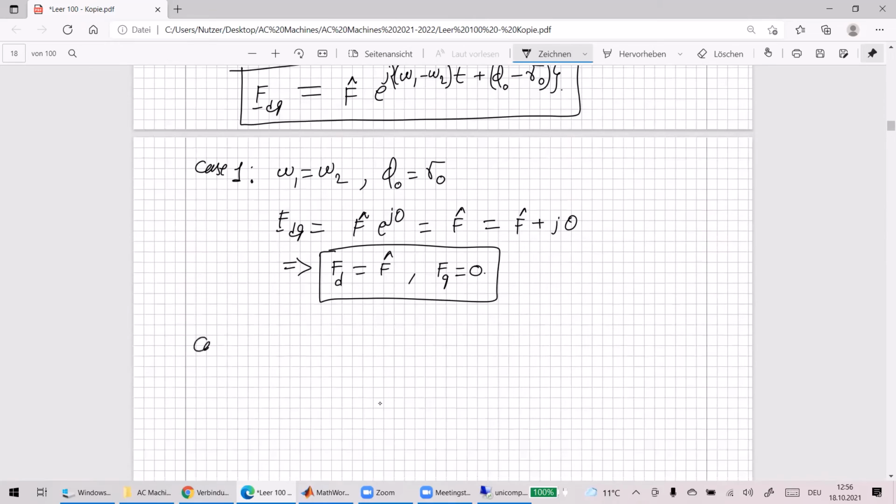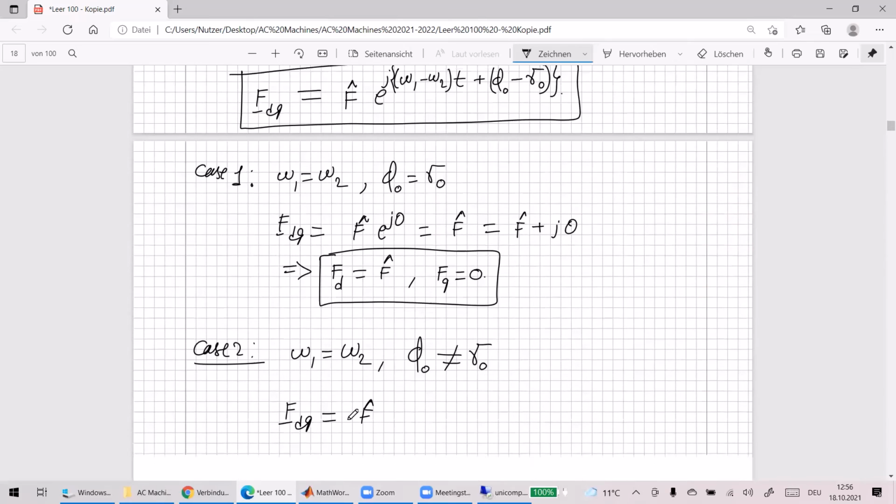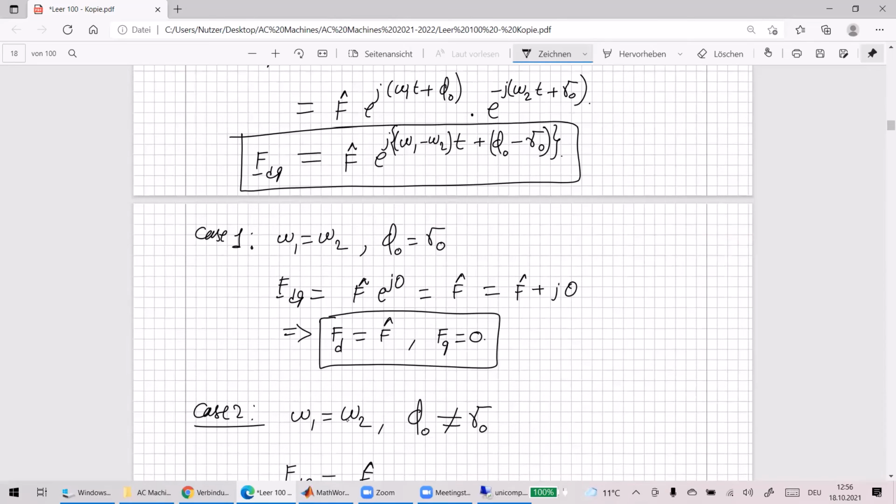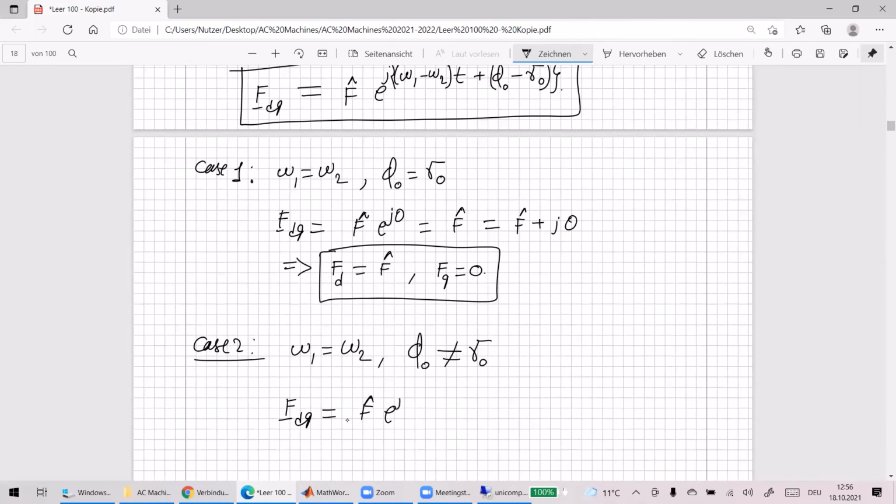Let's see another case. Omega 1 is equal to omega 2, but this time your phi naught is not equal to gamma naught. It can be any value, I don't know, but let's say it's any value. So what we'll have is f dq is equal to f cap, this omega term will go away, and we will just have e power j phi naught minus gamma naught.